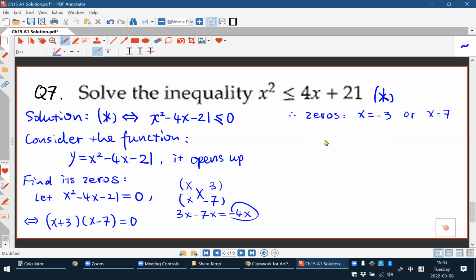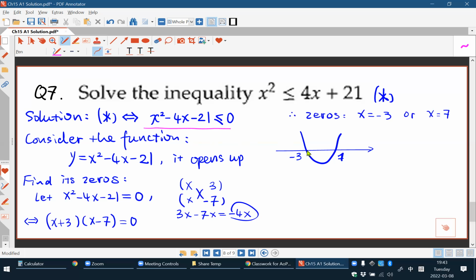Okay, so basically we have a quadratic function that opens up, and there are two zeros, which are negative 3 and 7, right? Then we need to find any interval that can make this function less than or equal to 0, right?